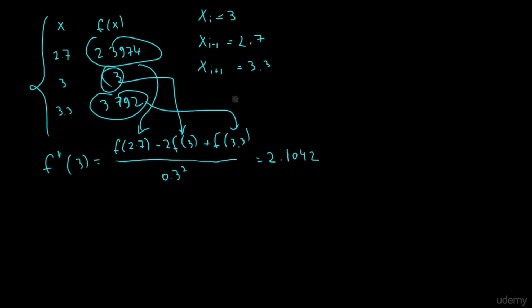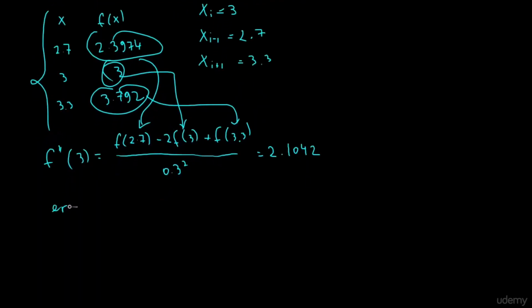We can actually calculate the error. In this case, the error is equal to 2.1042 minus 2.0903, divided by 2.0903. So that's equal to 0.665%. So actually pretty good.